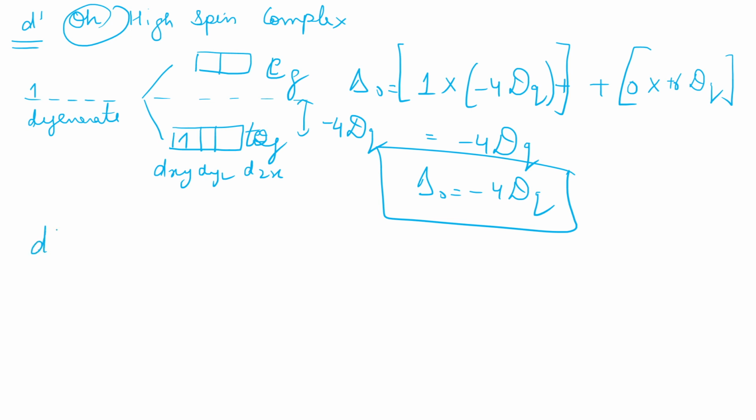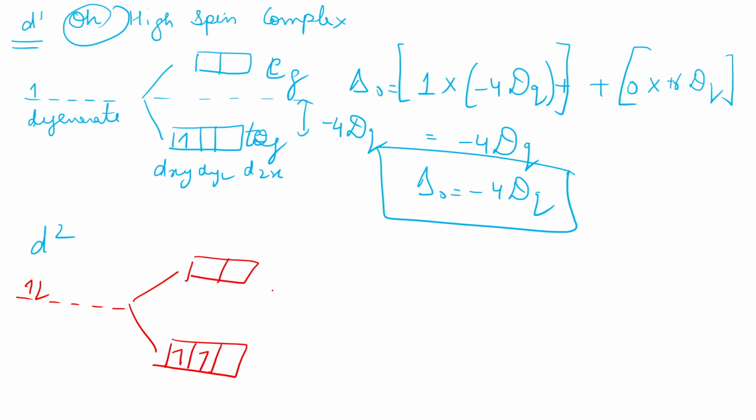If you are having a 2 electron system, let's say 1, 2, how will you fill the electrons for the case of high spin complex? 1 and 2. Two electrons will be filled like this.